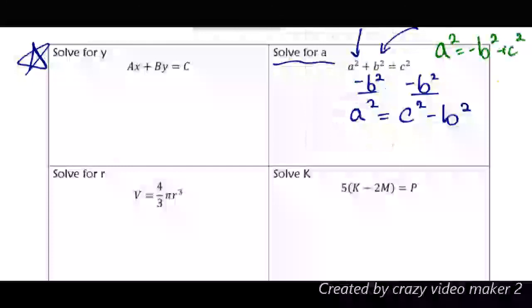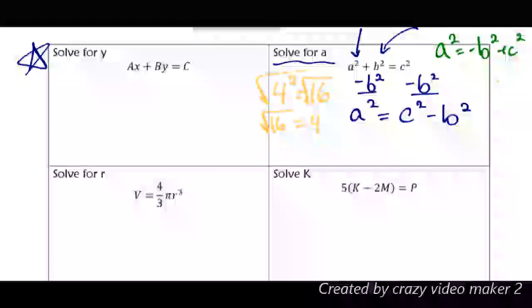Then I have to cancel out squaring something. So if I think about 4 squared, that's 16. If I wanted to get back to 4, the opposite of that is taking the square root of 16. You take the square root of this thing, and it gets you back to the original.